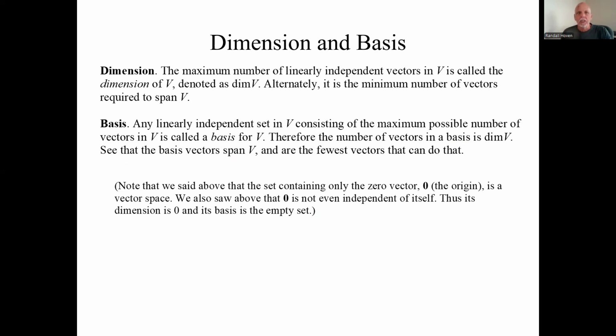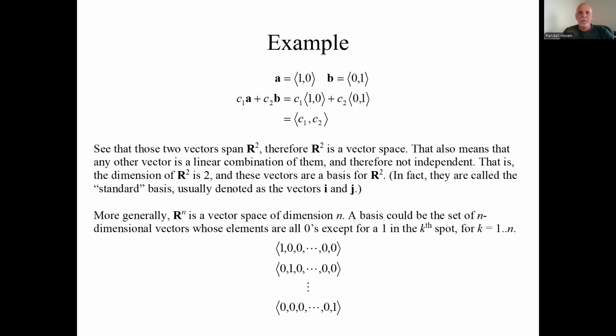Bases are not unique, but it's the fewest number of vectors that span the vector space. That's what we wanted to do. By the way, another anomalous thing about the zero vector: it's not even independent of itself, so its dimension is zero, and its basis is an anomaly for lots of things.